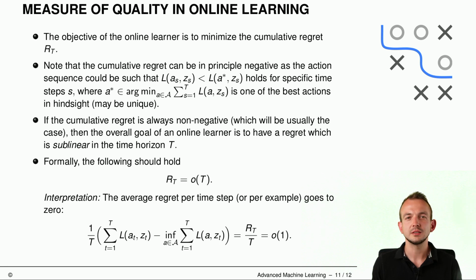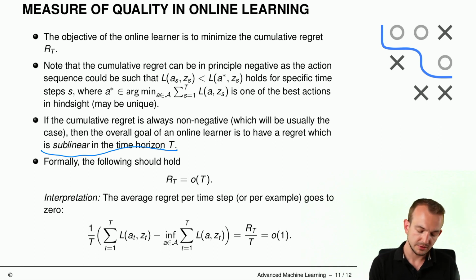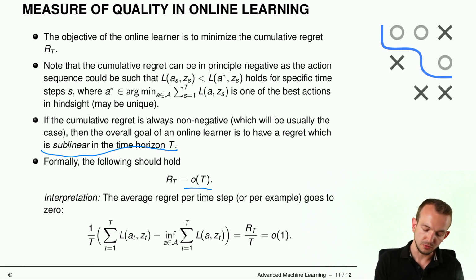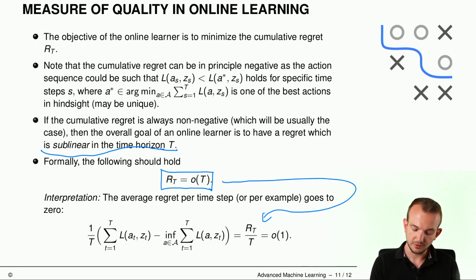And why is this a good assumption or a good goal? Well, this sublinear in the time horizon T is telling us that the regret of the online learning algorithm for the time horizon capital T is a small o of T. So we can rephrase that as follows.